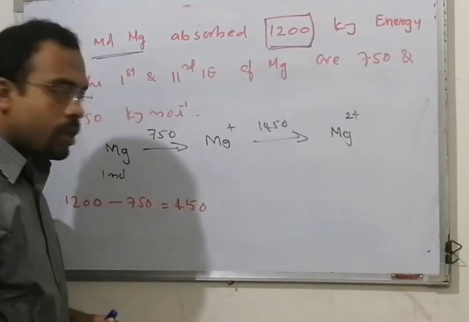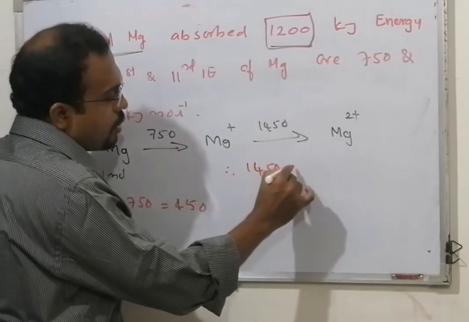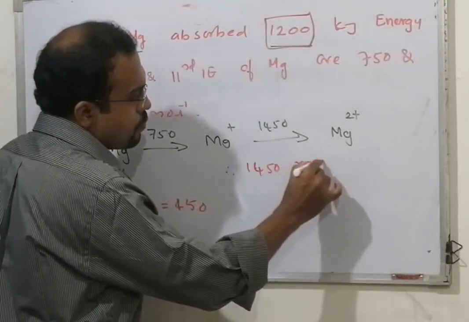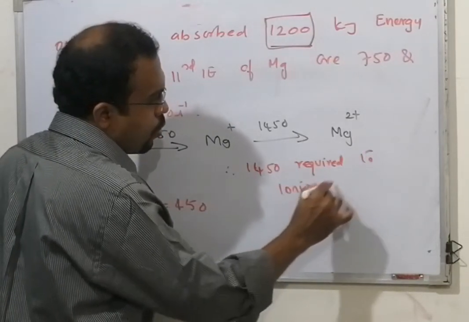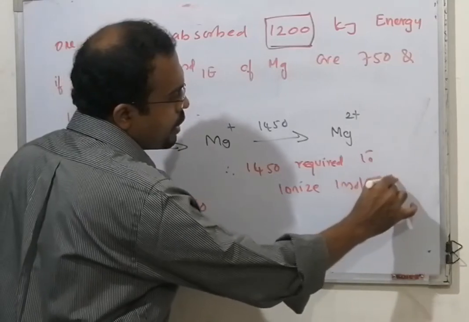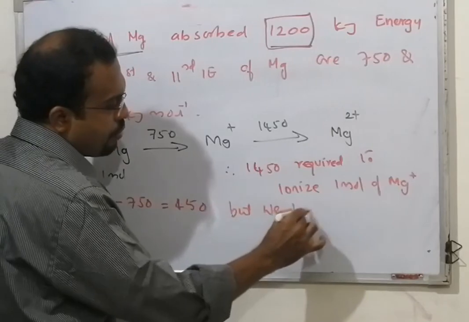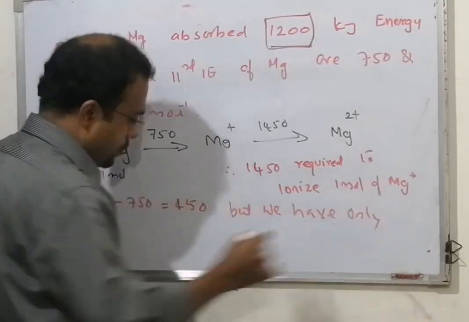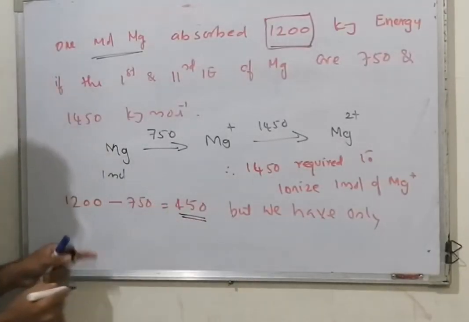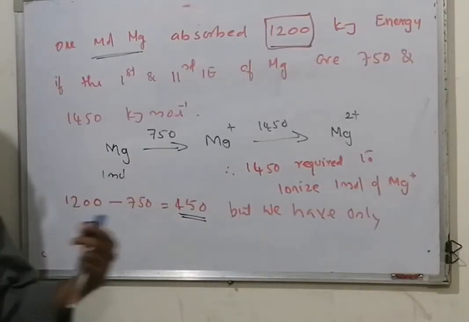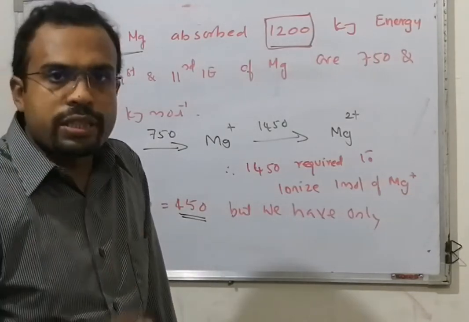Therefore, we can do the calculation. 1450 is required to ionize 1 mole of Mg plus, but we have only 450 remaining because 750 has been utilized to ionize all magnesium into first ionization.